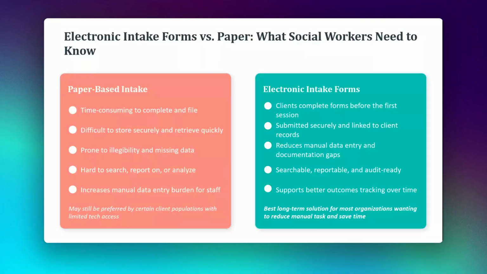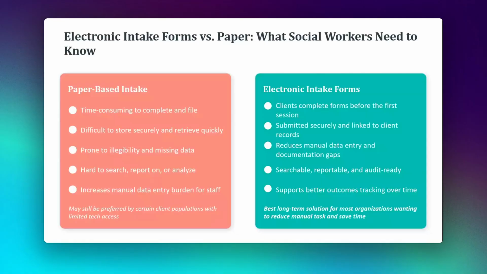It's slow, it's hard to secure, it's difficult to search, and it creates the need for manual data entry work that takes your team away from direct service. If a form is illegible, or a field was left blank, or if it gets misfiled, that's a gap in your documentation that can affect service decisions down the line, as well as create problems with consistent reporting to funders.